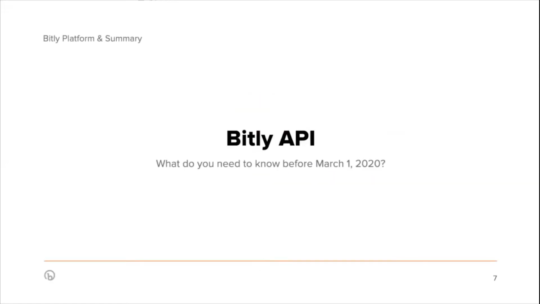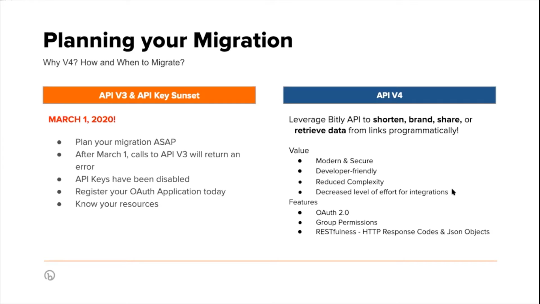So with that, I want to turn it over to Kelsey to talk about our Bitly API. Great. So just an introduction to the Bitly API and why we're here and what do you need to know before March 1st, 2020. Right now, Bitly currently supports two versions of the API, version 3 and version 4.